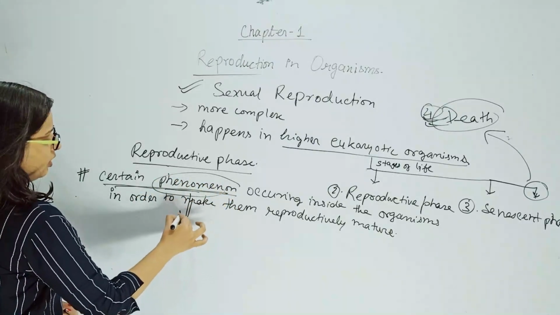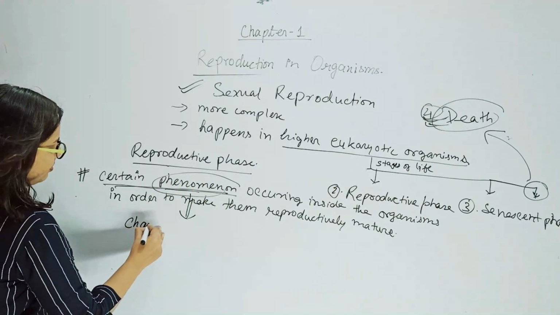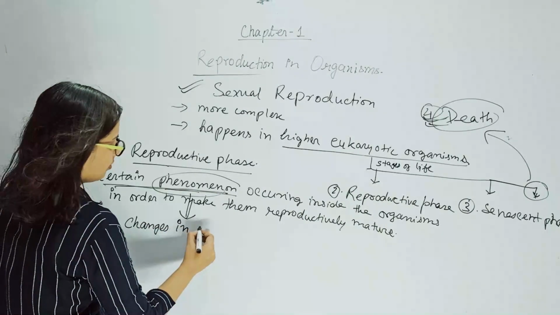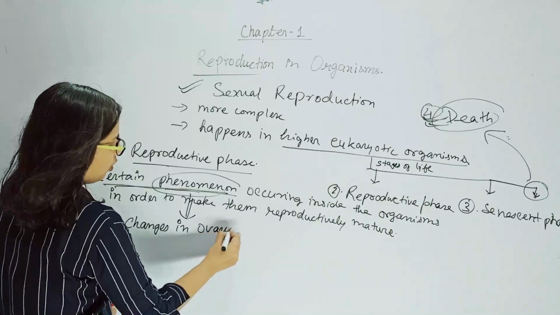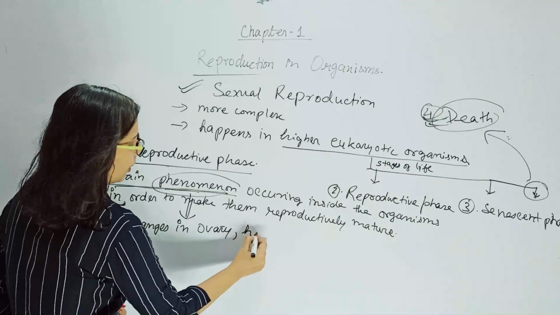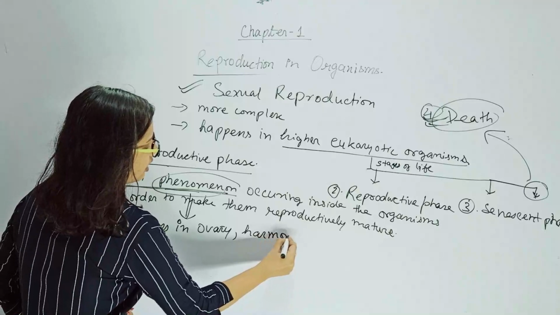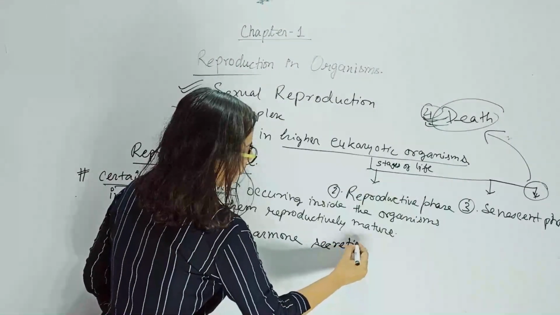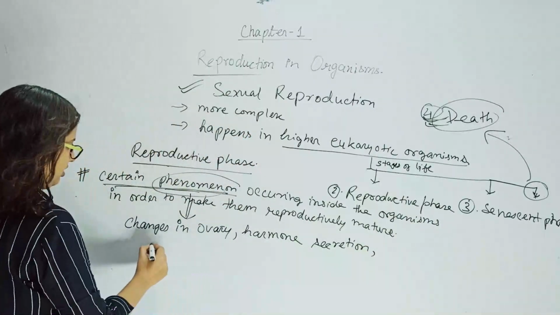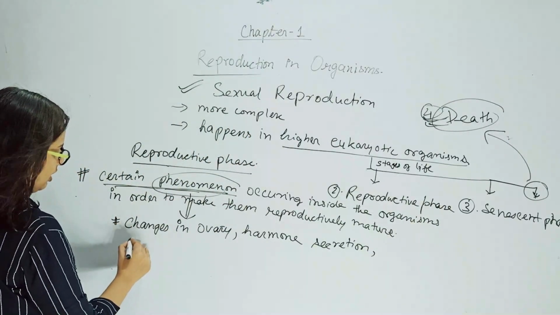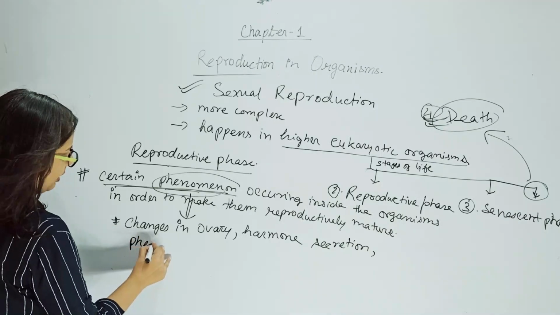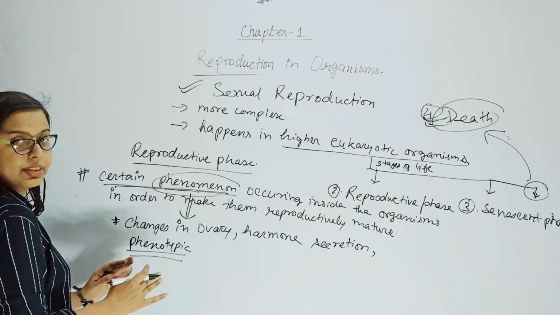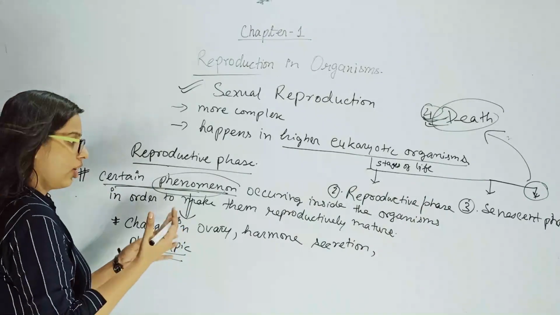Those phenomena can be changes in the ovary, hormone secretion, and phenotypic changes. Phenotypic means something that you can see in the organism.